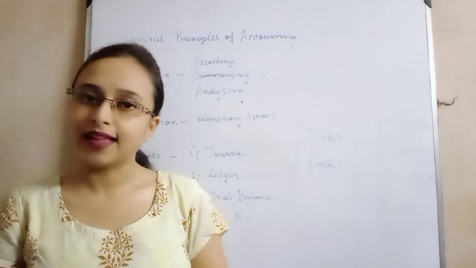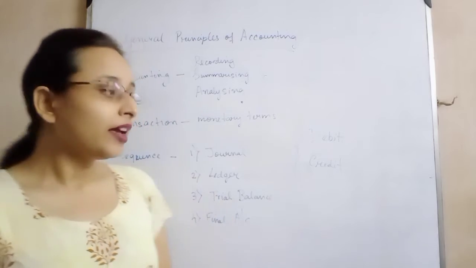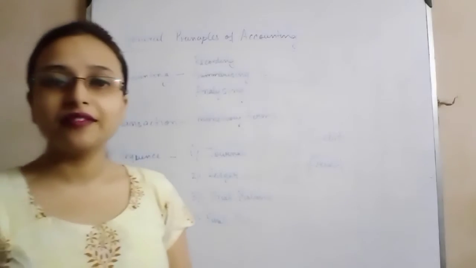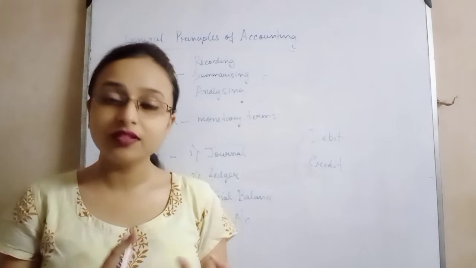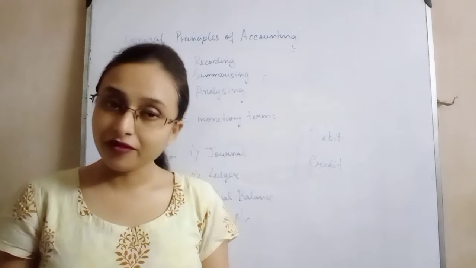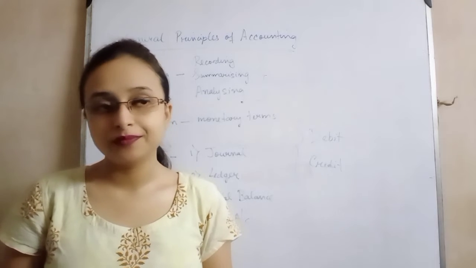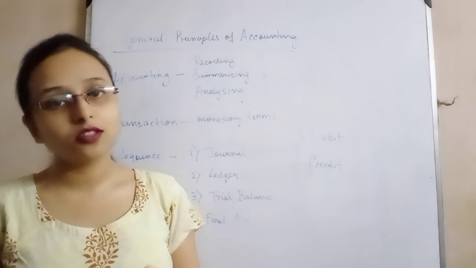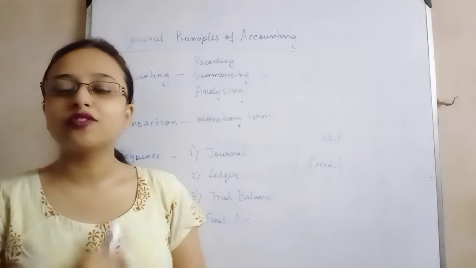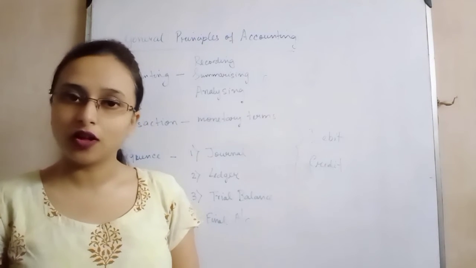Now coming to final accounts, I have given you three concepts, that is, three parts in final accounts: trading account, profit and loss account, and balance sheet. From trading account, as I told you, we will obtain the gross profit, which will get transferred to our profit and loss account.